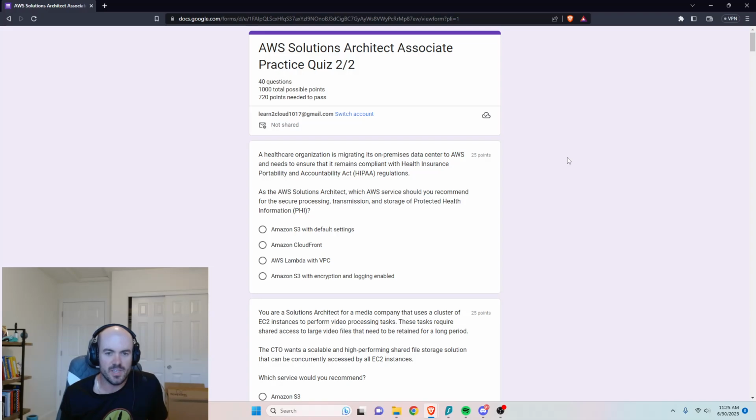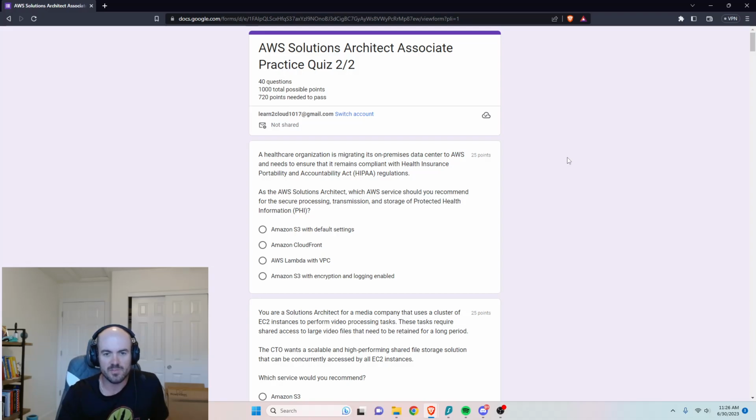CloudFront is going to be a content delivery service, so that's definitely not going to be an option here, because it doesn't necessarily store anything. AWS Lambda with a VPC. Again, Lambda is just a serverless compute service, but that's not going to have anything to do with storage, and VPC obviously not related to storage either.